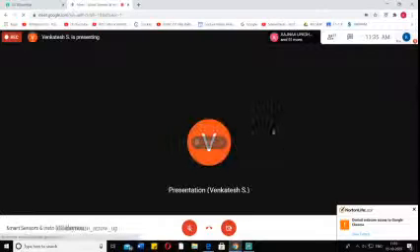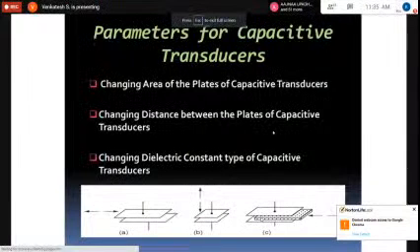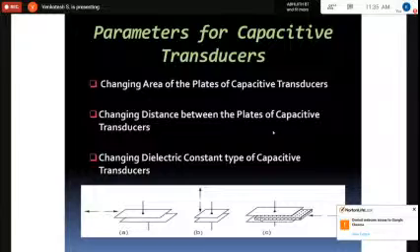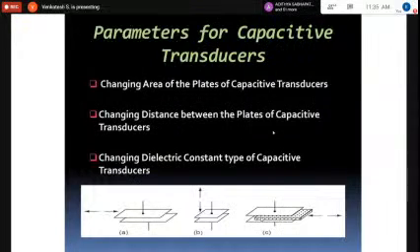Anybody remembering? Could you repeat the question? The reactance of a capacitor is 1 by omega L. Sorry, 1 by omega C. For an inductance, it is omega L. Very good.